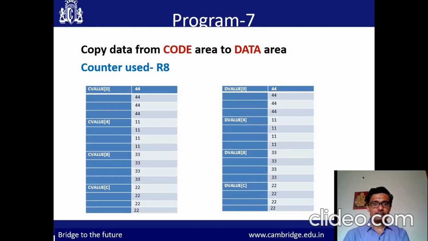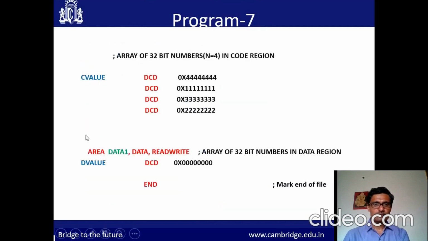And in the program, the data array is declared here in the code area. This is the array, there are 4 numbers. And there is one more memory location which is declared here in the read write part.